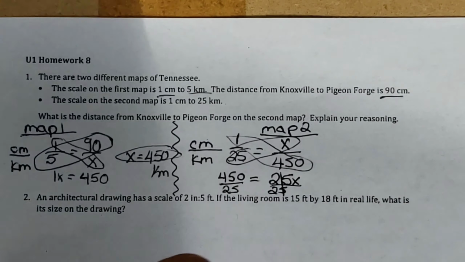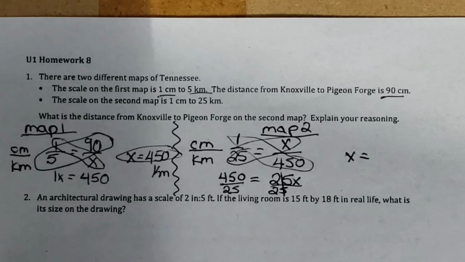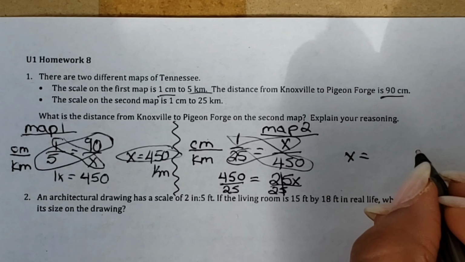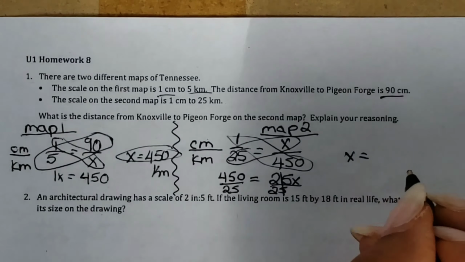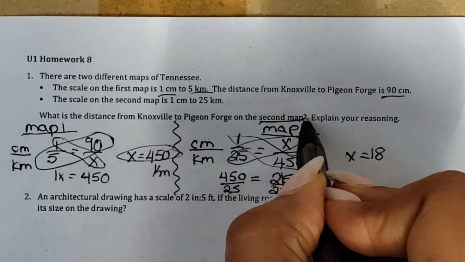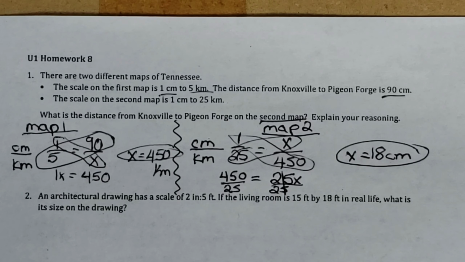And my 25s cancel out. And then I'm left with x is equal to, when I do 450 divided by 25, I get 18. So this is map 2, 18 centimeters. That's what it's going to be.